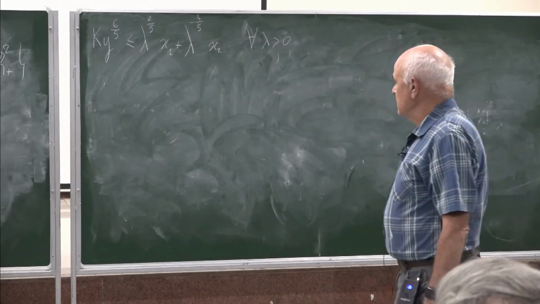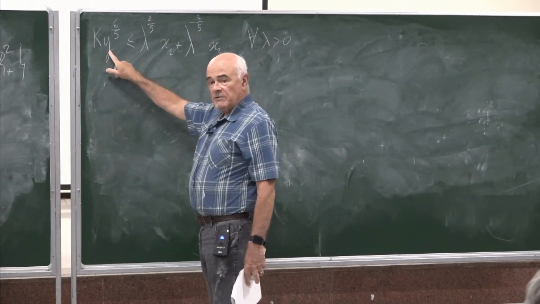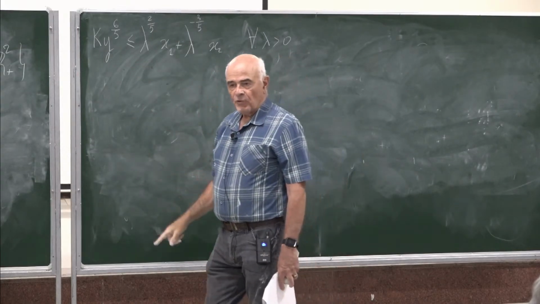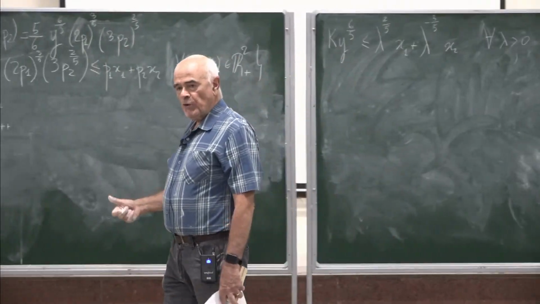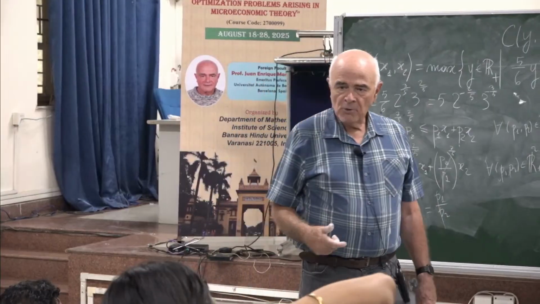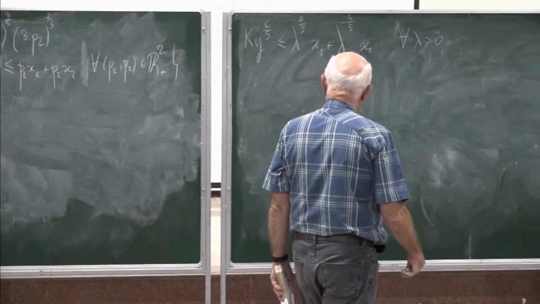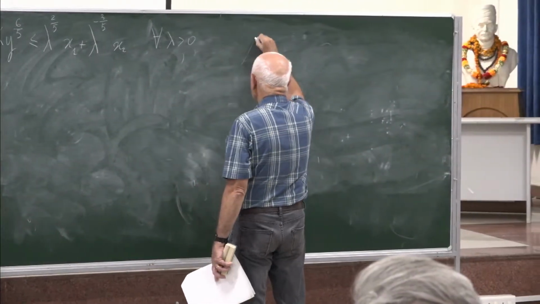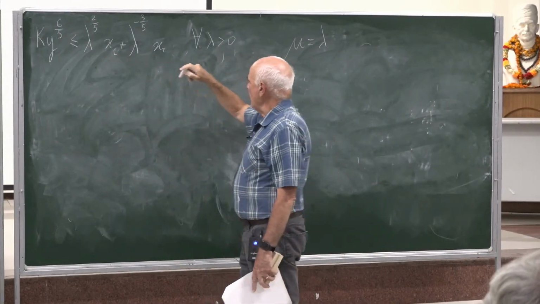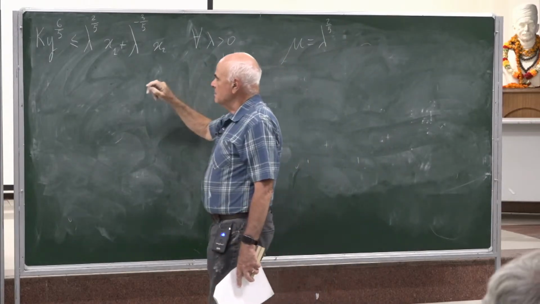So, for every positive lambda means that the left-hand side must be less than or equal to the minimum value of the right-hand side, the minimum over all lambda, assuming that such a minimum is attained. I'm going to make still a new change of variable. I'm going to call mu equal to this coefficient. It simplifies things.